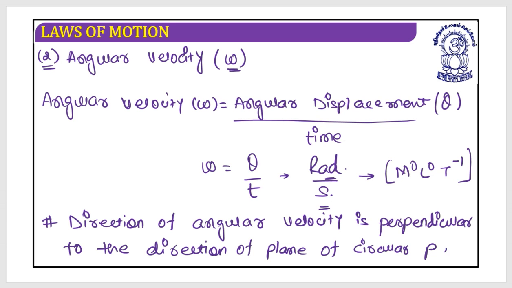Remember this. We are going to discuss in more detail, but at this point of time you must remember this. Omega is equal to theta by t, and its direction is perpendicular to the plane of the circular path.